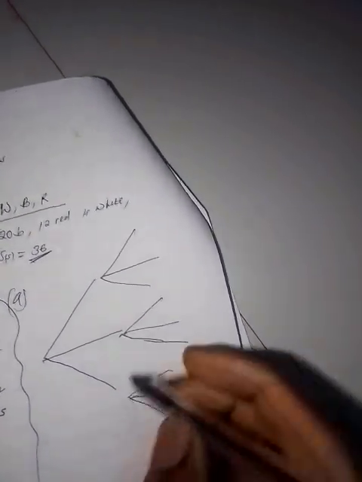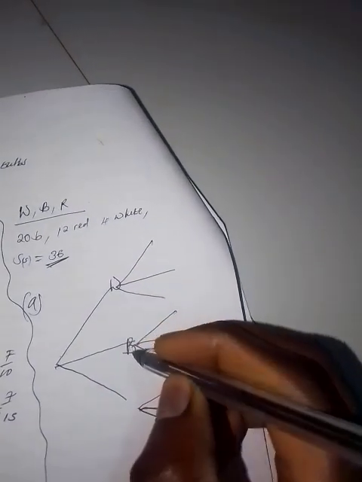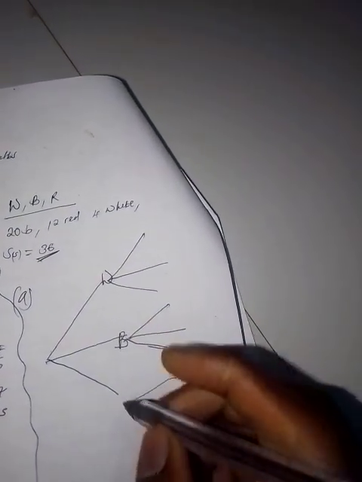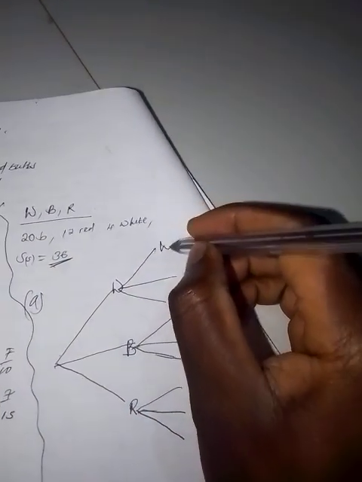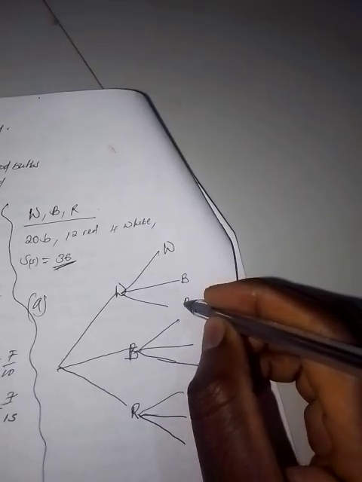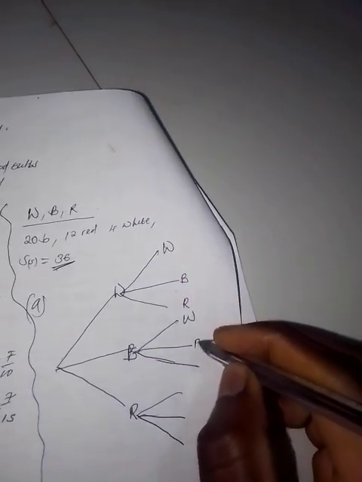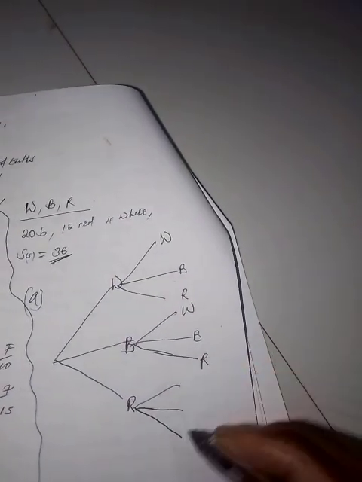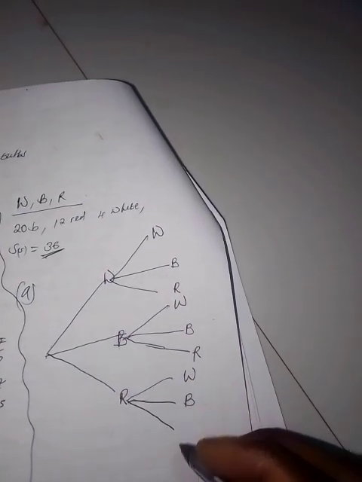So we have one which is white, black, then red. White, black, red. White, black, red. White, black, red.